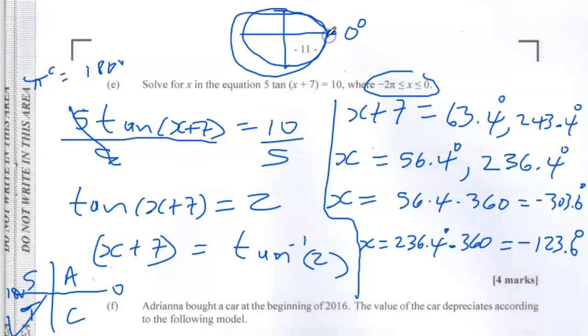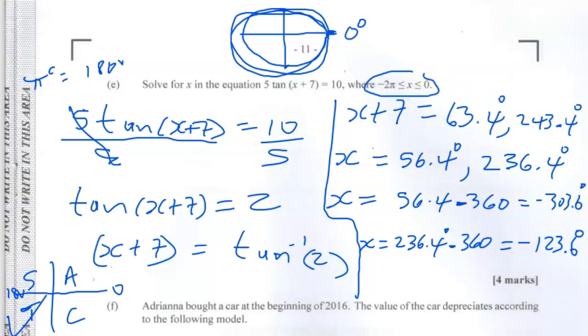Or if you go from the other direction, you still end up at the same place. A complete turn, you can get a complete turn by either adding or subtracting 360. But you want the angles to be negative, and that's why we subtract. So we can have negative solutions, since we are told that the angle should be negative.